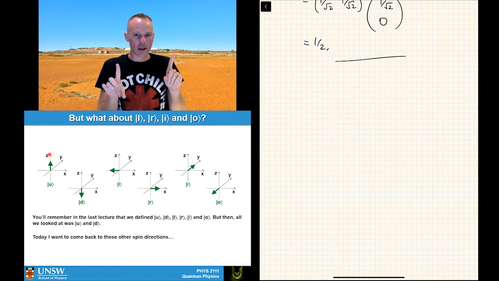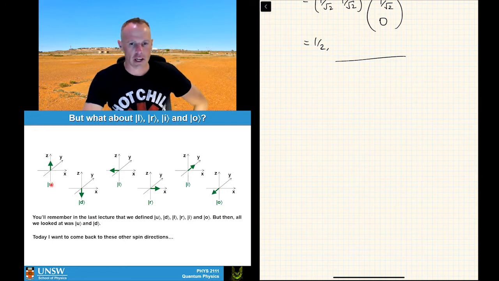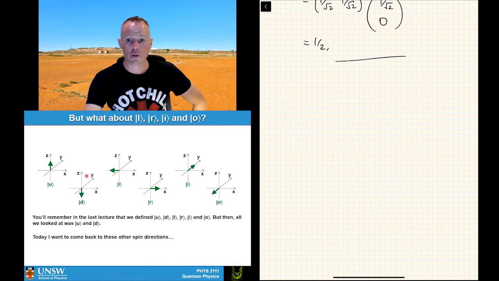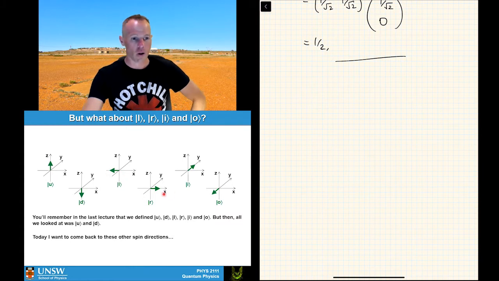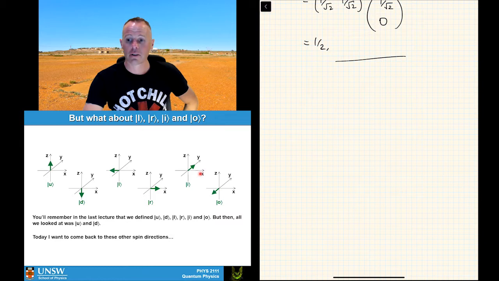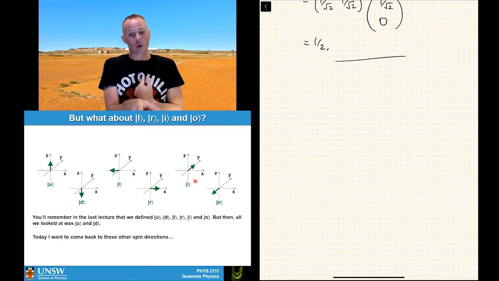When you start talking about quantum mechanics for a bit, you just start talking about spin projections or projections of spins. They're the same thing. So we've been looking at projection of the spin along the z-axis, but you remember we had these distinct possibilities: along the x-axis, is the spin pointing to the left or the right, and even possibly the y-axis, is the spin pointing into the page or out of the page.